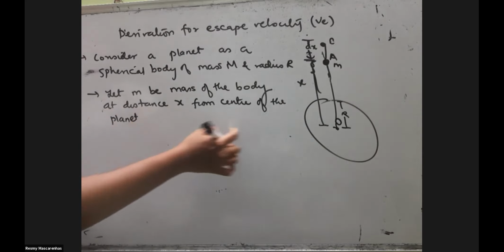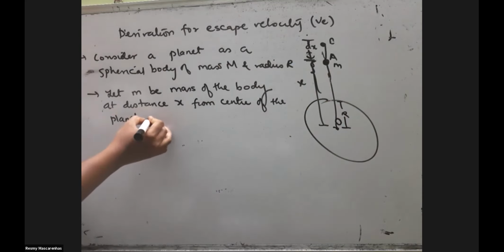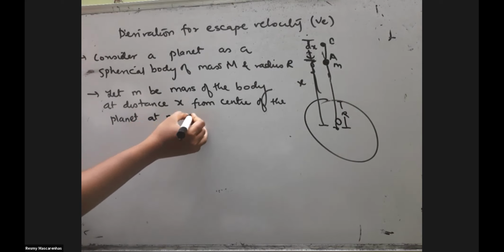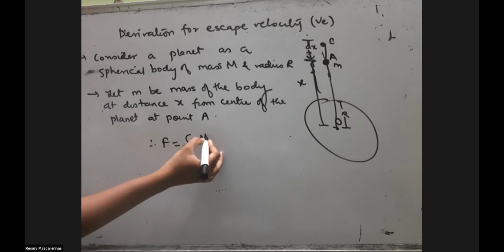Or basically you can say such that OA is equal to x. So therefore what will be the force of attraction between them? G M m upon x squared.